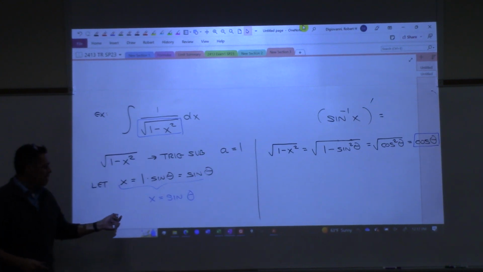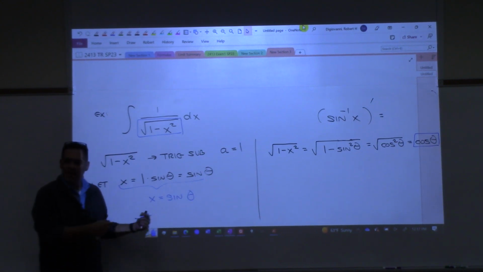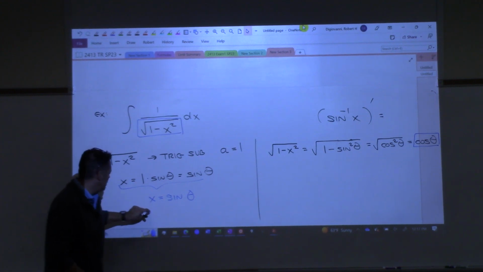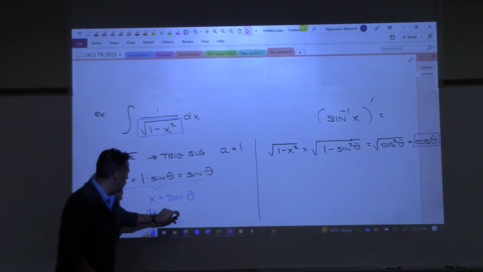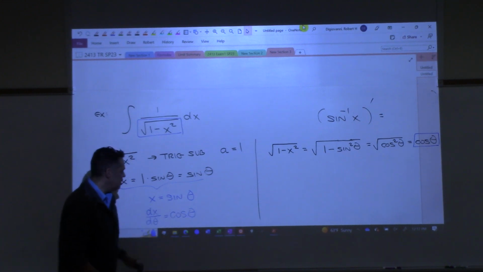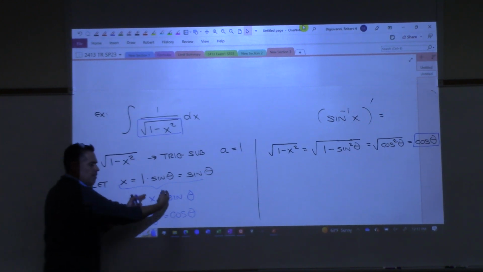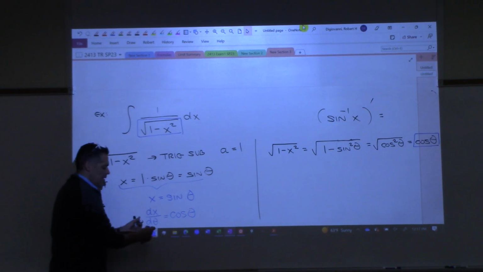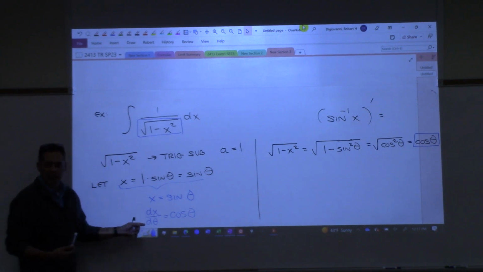If this is an equation, I can differentiate both sides. So I take the derivative on the left, dx with respect to theta, which is equal to the derivative of that, which is cosine theta. Just take the derivative on both sides. And can you solve that for dx?